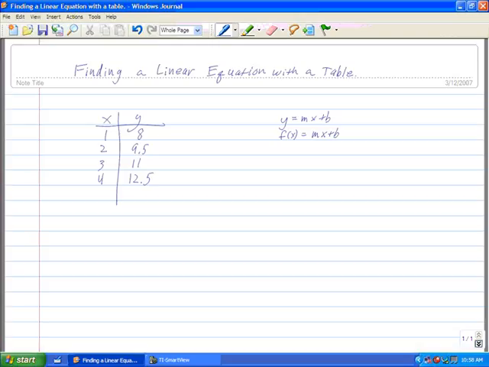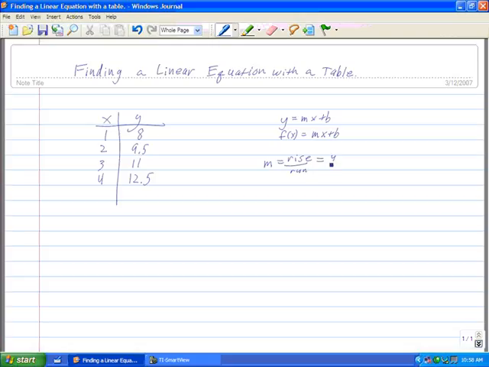Now, for a table of values to be able to be represented in a linear fashion, what we have to have is a constant slope. Now, remember, slope can be defined several different ways. It can be expressed as rise over run.